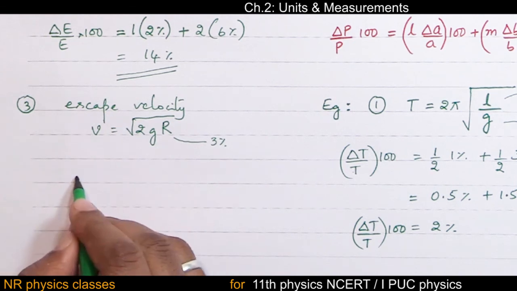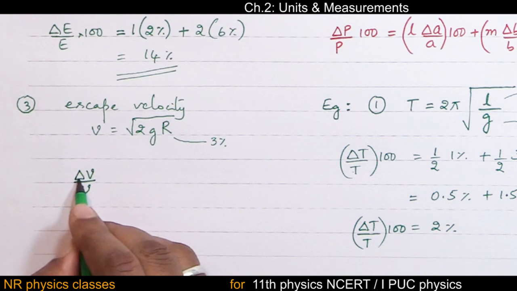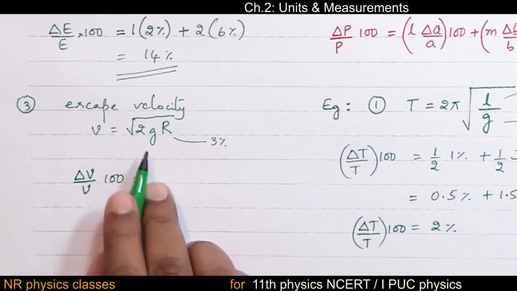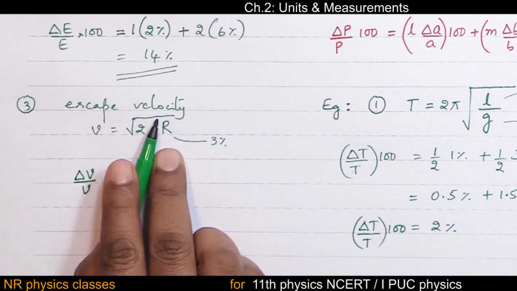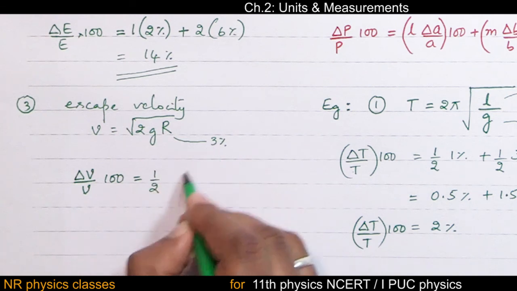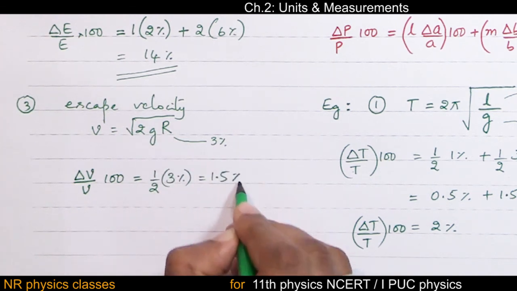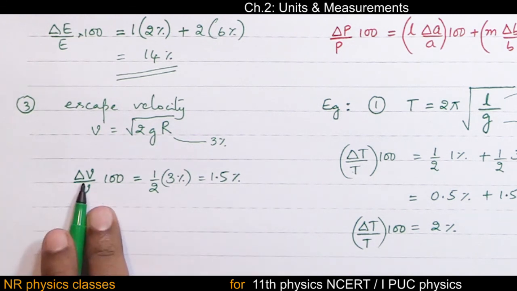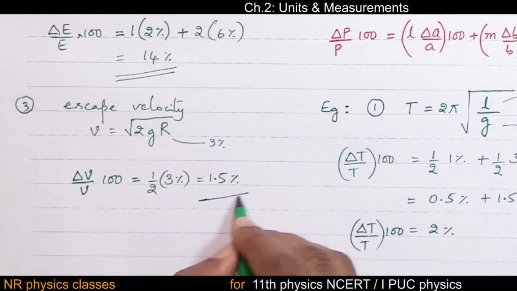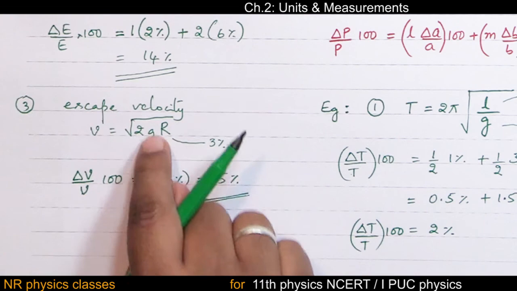So what is the percentage error in the measurement of escape velocity, which is denoted by delta V by V into 100? This R is under the square root. Square root means half. Half times 3%, which is equal to 1.5%. So the error in the measurement of escape velocity is 1.5%. So this is how propagation of error can be used in different equations.